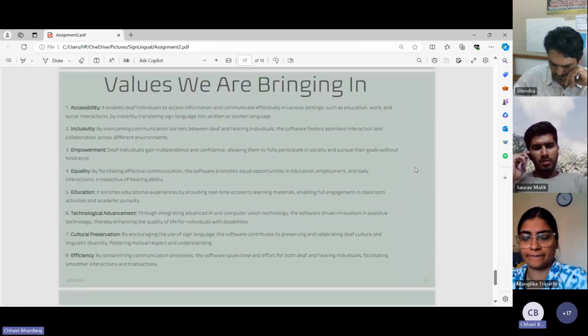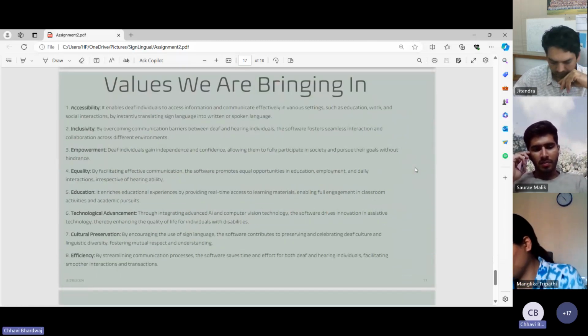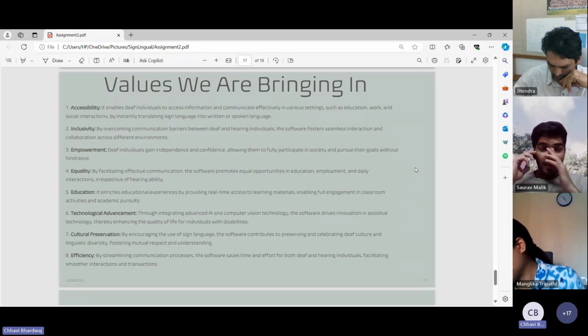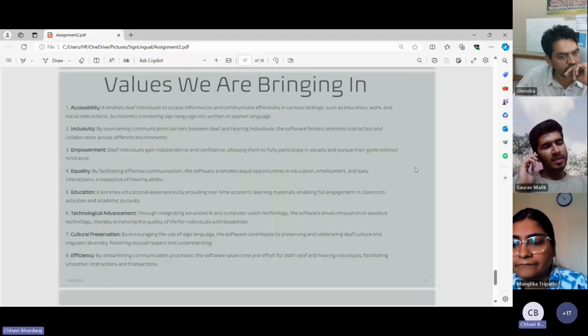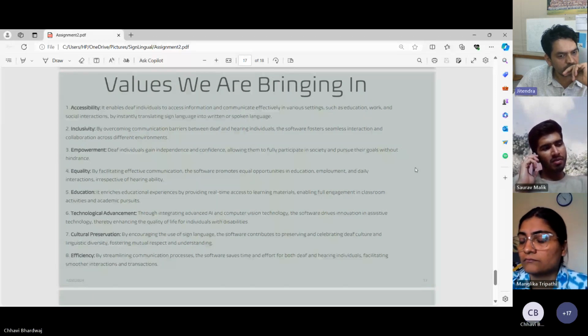The values we are bringing in are, first, accessibility, inclusivity, empowerment, and technological advancement, and cultural preservation, as ISL is a very integral part of India's cultural heritage. A software like this would help in the preservation of it, and also efficiency, as our software will effectively translate the gestures into their translations.